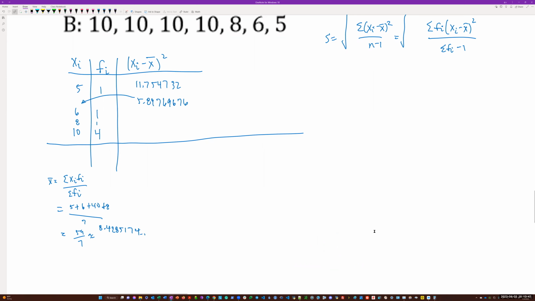Sorry. All right, now I gotta do 8. Eight minus 8.4285174 quantity squared. So this is 0.183627, something like that.